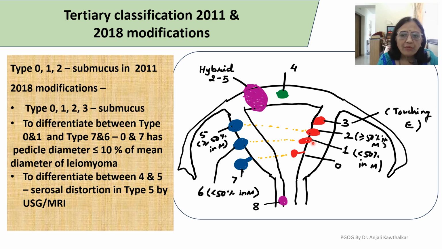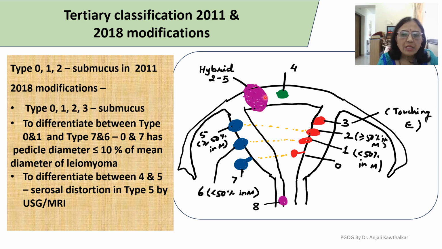Type 1 is less than 50% in the myometrium, and we have 6 less than 50% in the myometrium. Type 2 is greater than or equal to 50% in the myometrium, and we have 5 as greater than or equal to 50% in the myometrium. That is why I have shown these yellow lines, so that it is easy to remember that 0 and 7 are similar, 1 and 6 are similar, and 2 and 5 are also similar.